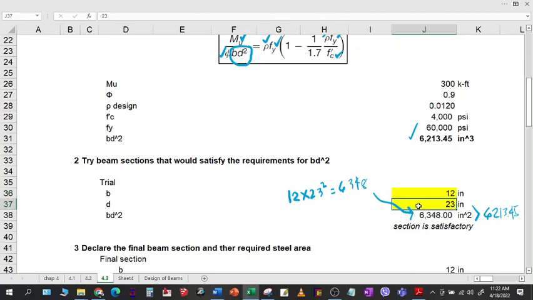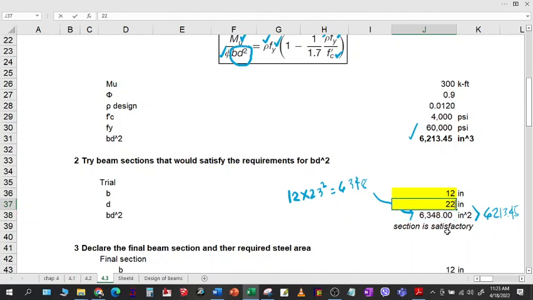Therefore it's more than the requirement, but not too much. If you go for 24, it's satisfactory, but it's not economical. You can even go higher. If you want 30, the bd squared will be way higher than the 6.2, but again, it will not be economical. So the most economical is 23 inches.